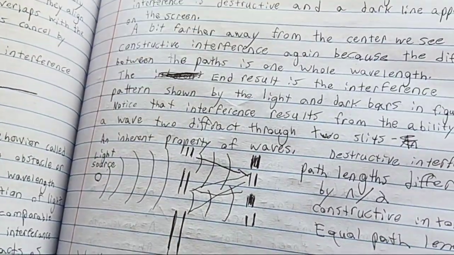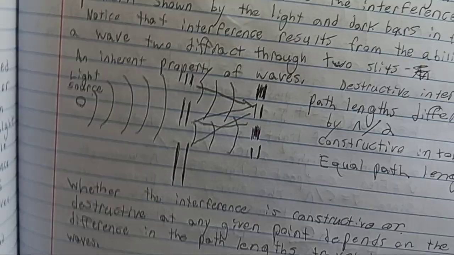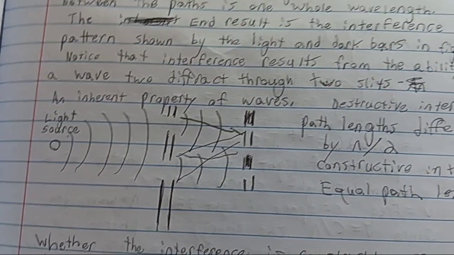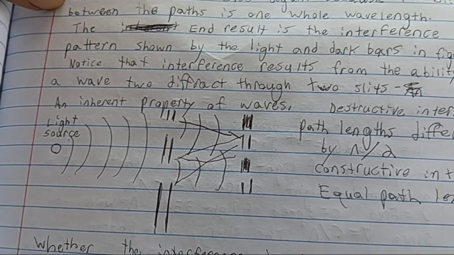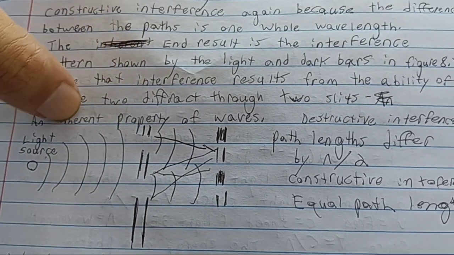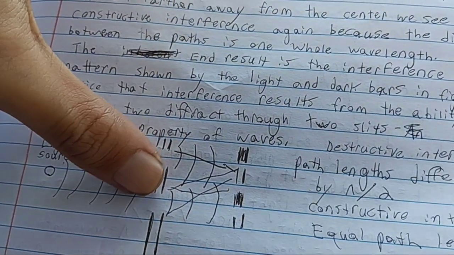If you have a light source or electromagnetic wave, like a radio wave or a light wave, and there are two slits, it will repropagate through the two slits into waves like that.